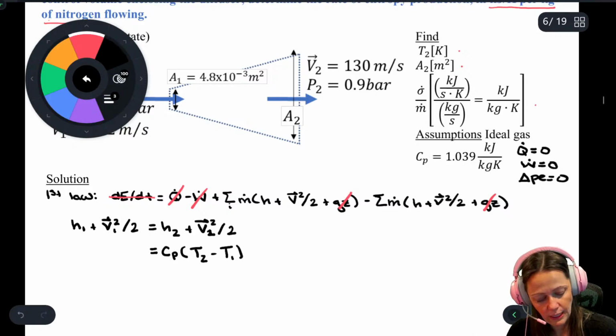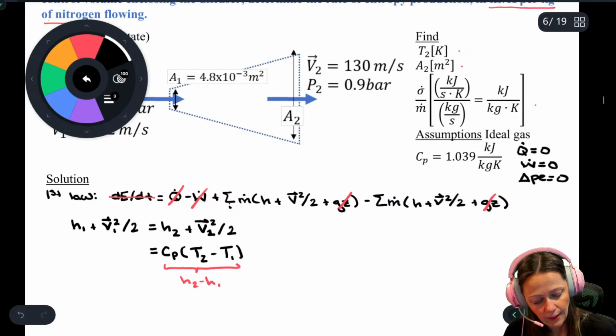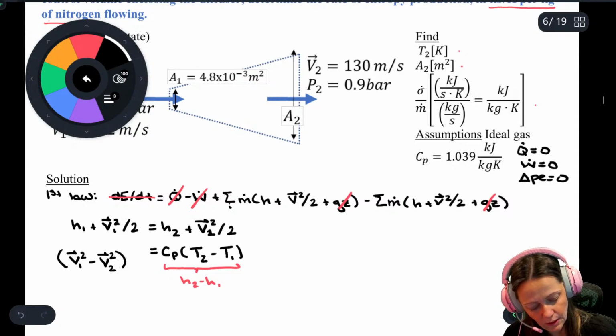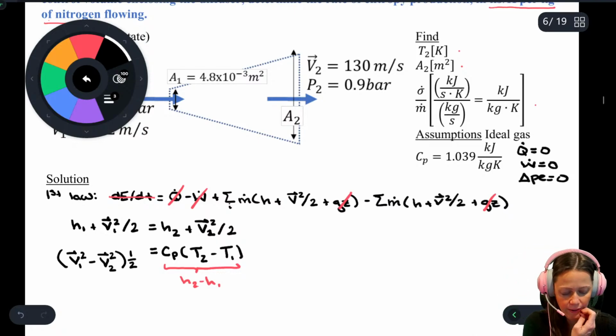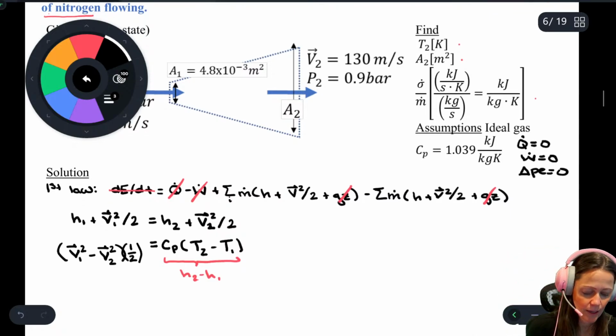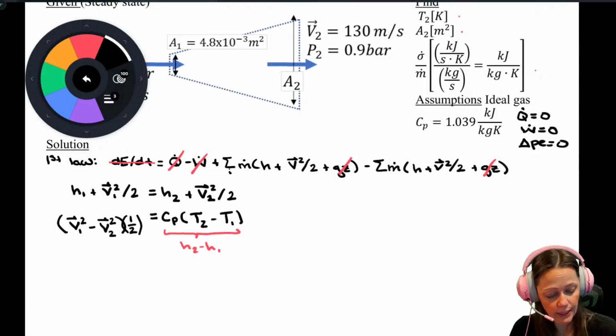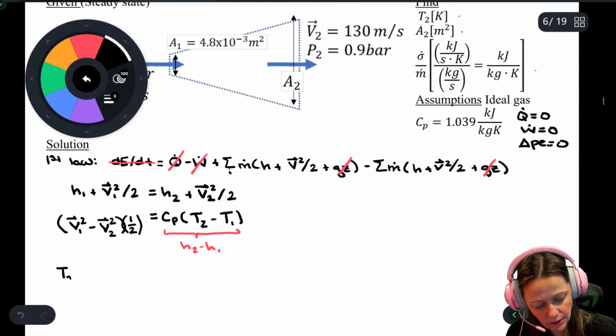On the left-hand side I've got my kinetic energy terms: V1 squared minus V2 squared, with the 1/2 over here. Now I can solve for T2.